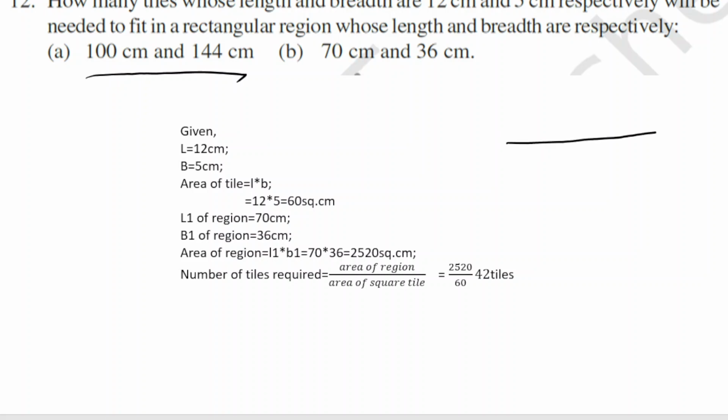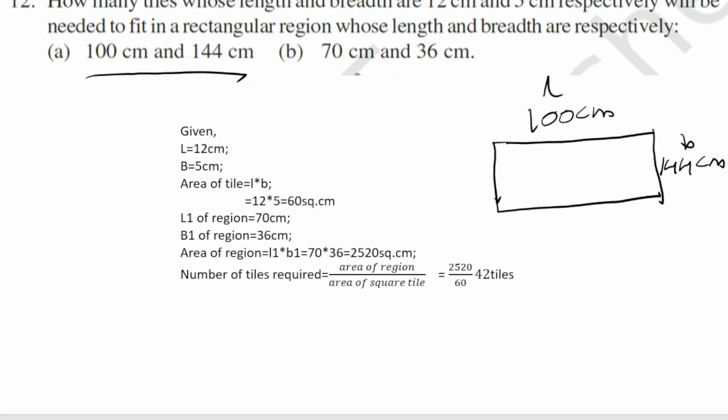Here this is the rectangular region whose length is given as 100 centimeters and breadth is given as 144 centimeters. We need to tile this rectangular region. Each tile is having 12 centimeters as its length and 5 centimeters as its breadth.